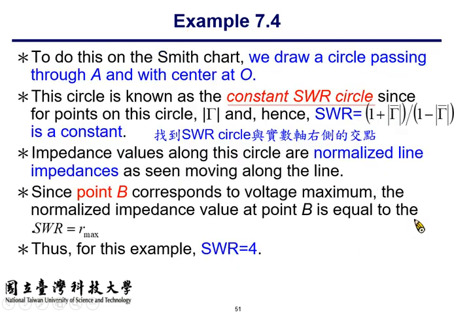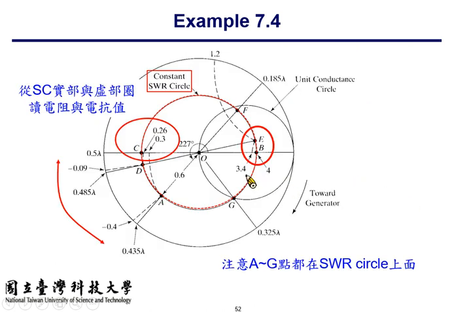So starting from point A, we draw the constant SWR circle as shown here and find the intersection as point B. According to the label at point B, we know the SWR value is 4.